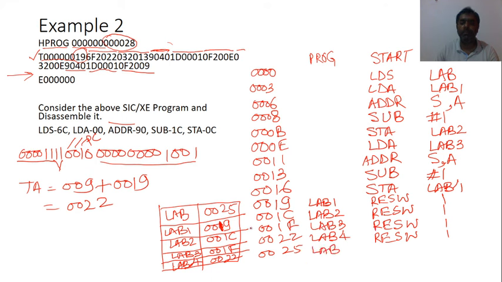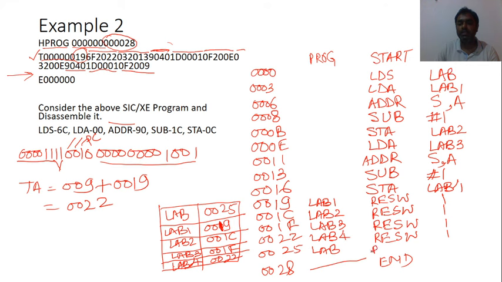And now there is no label after this address, so I have to consider the size of the program. Size of the program is 28. At the address 0028, we will get the END statement. That means at 0025, if I reserve 3 bytes of memory, then we will get the 0028 address.